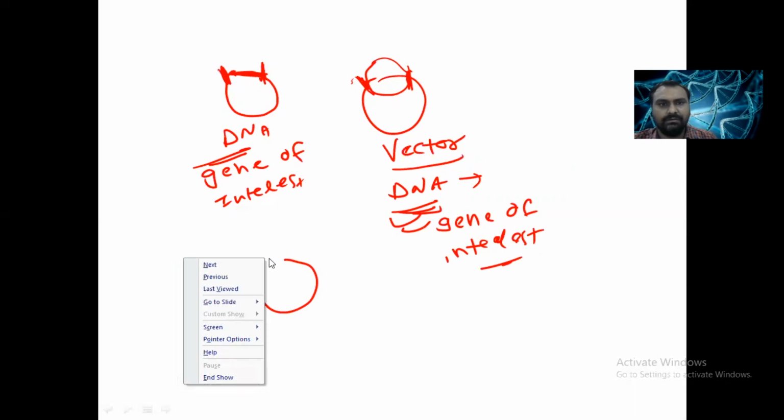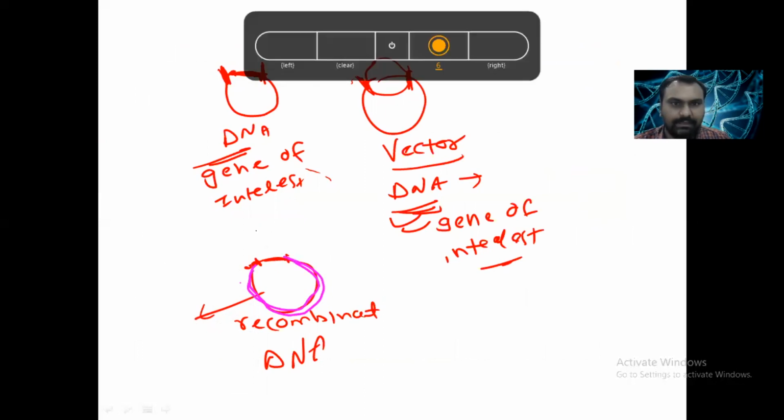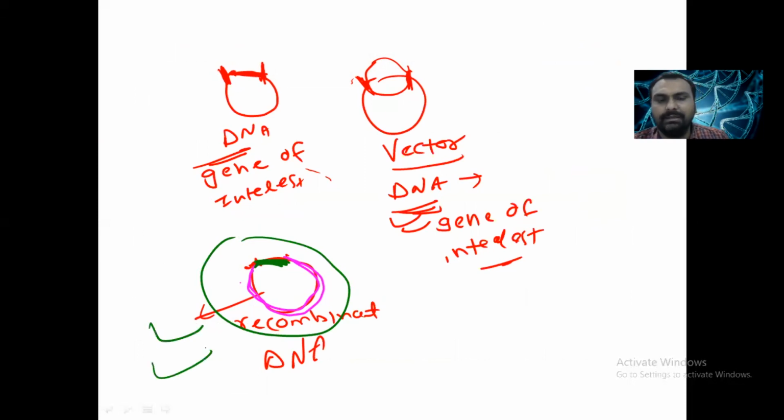You can see here this portion is your vector, and this portion is your gene of interest or desired gene. So this whole is called a recombinant DNA.